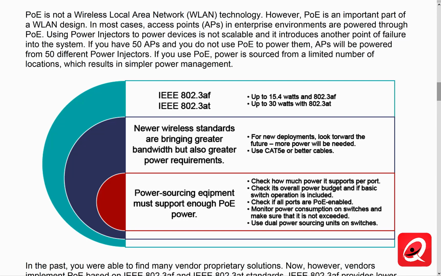So the switches themselves now have to support possibly up to 700 to 1500 to a couple of thousand watts in the chassis itself to be able to support all of the ports on the line card drawing power from the switch.